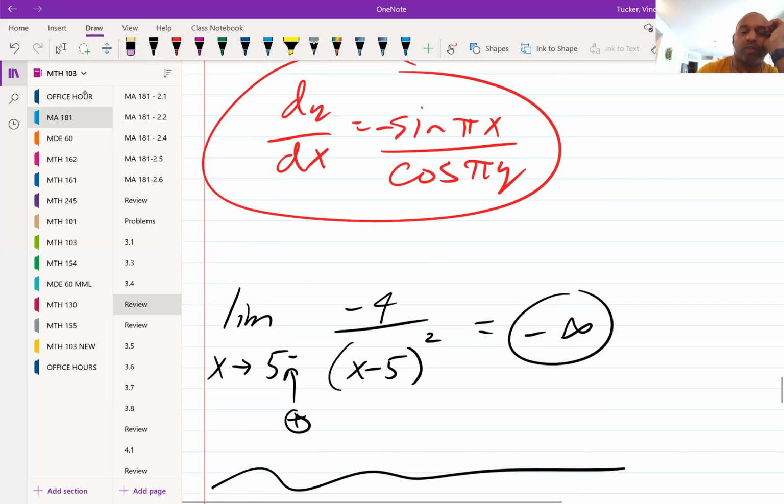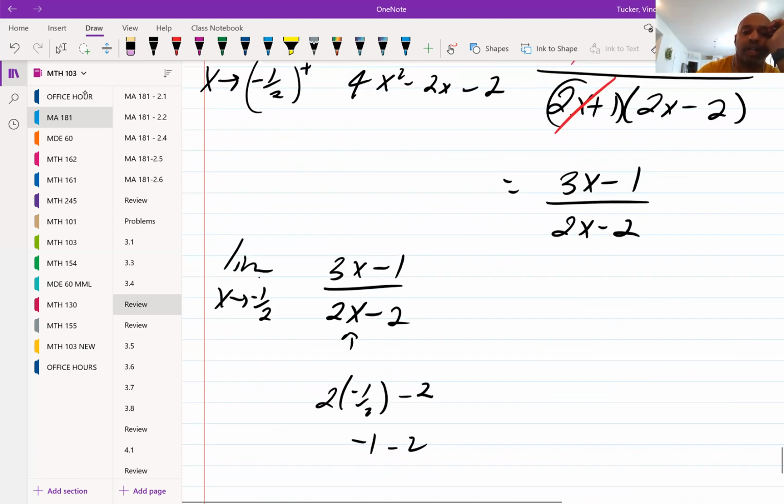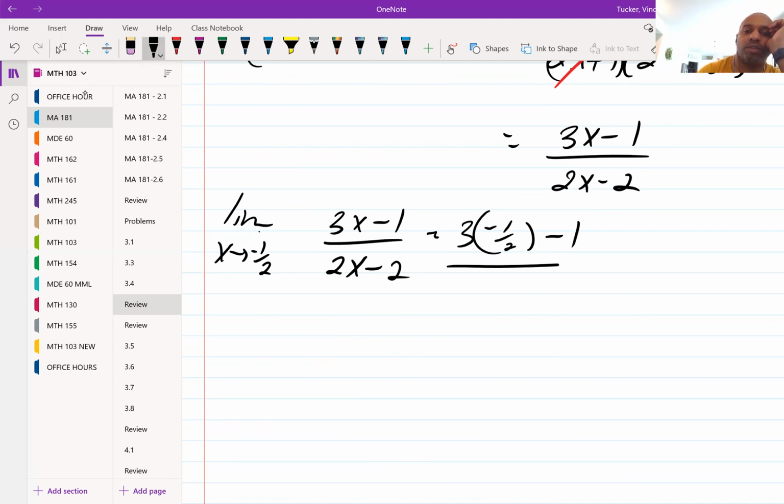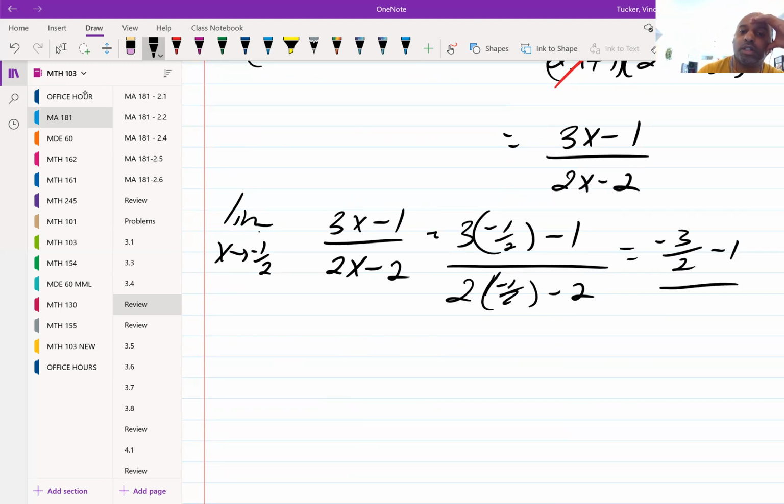So that's why we went ahead to the graph. But here we're going to get an answer. So let's go ahead and plug everything in and see what we get. So it's 3 times negative 1/2 minus 1, 2 times negative 1/2 minus 2.